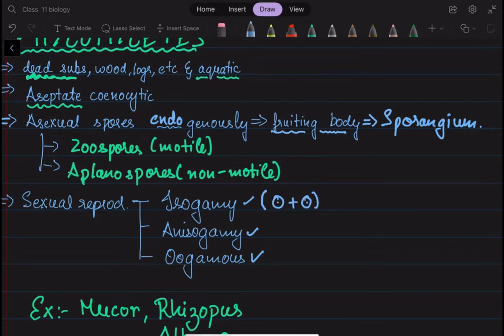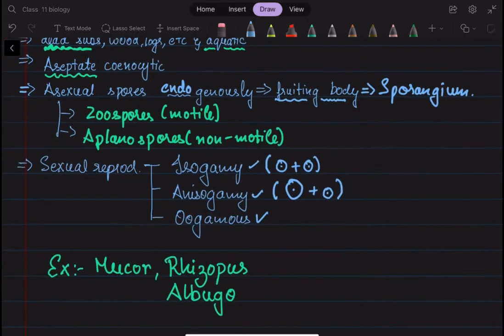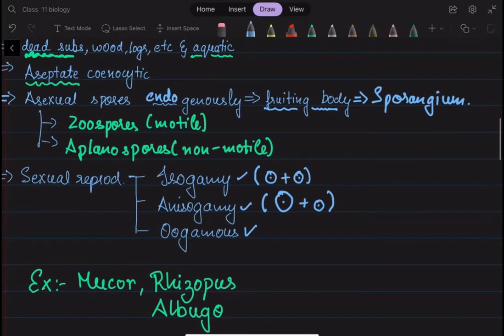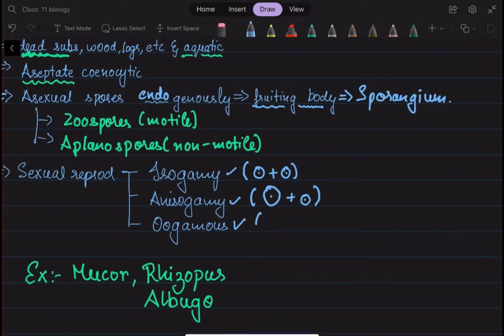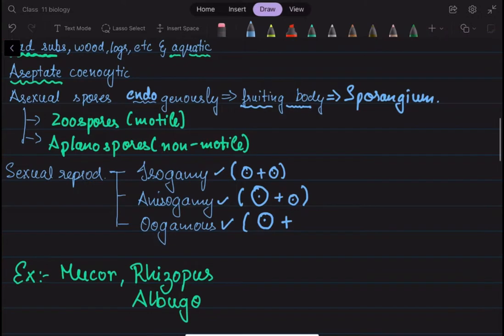When there are dissimilar gametes, suppose there's one large and one small, and they fuse, we call it anisogamy. And oogamous means there is one large female gamete and one small, but motile, male gamete.